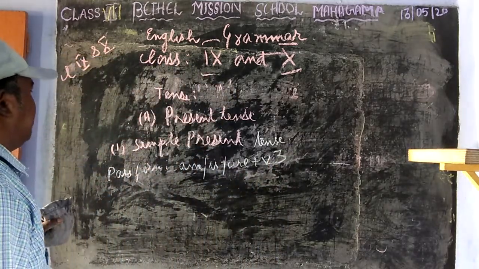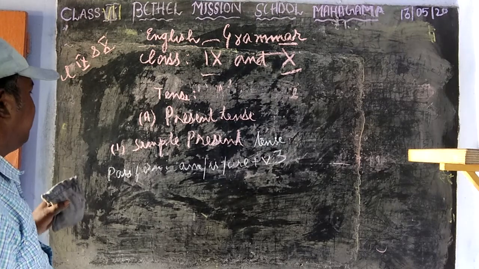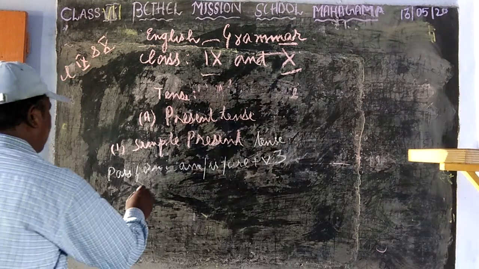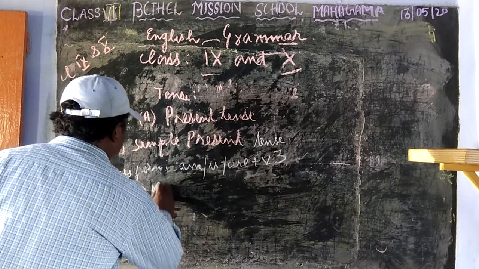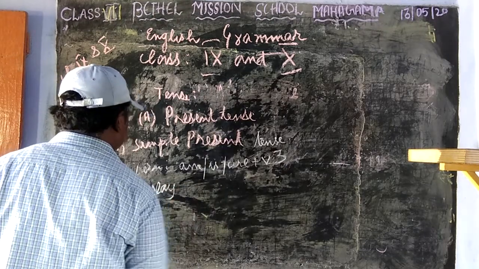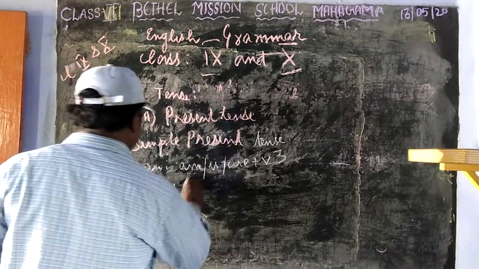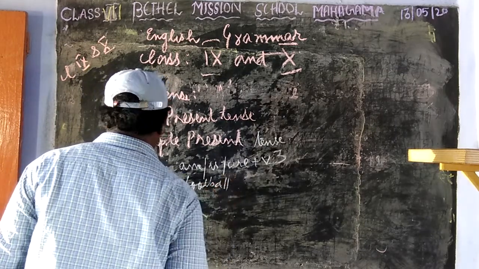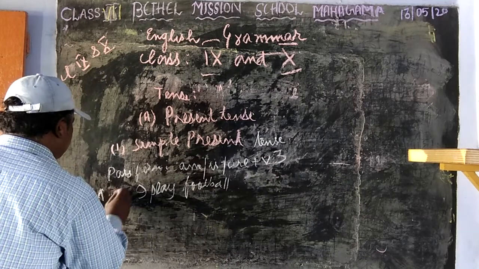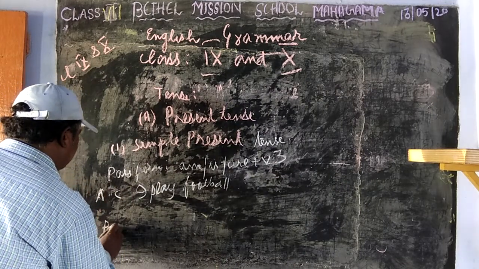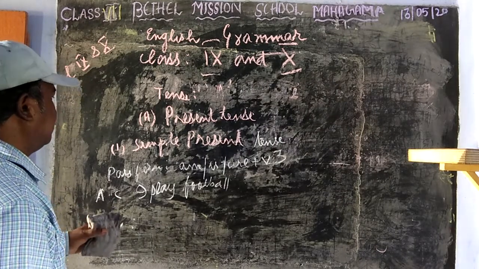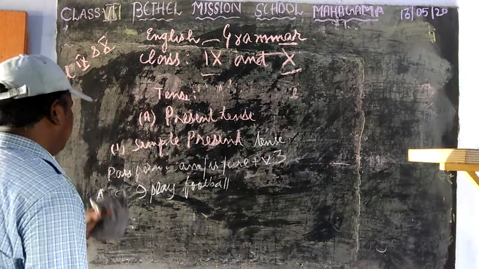So when you take the example of simple present tense, the passive form of it is am, is, are plus V3. Example, I play football. It is an active voice. In passive voice, it changes to football is played by me.